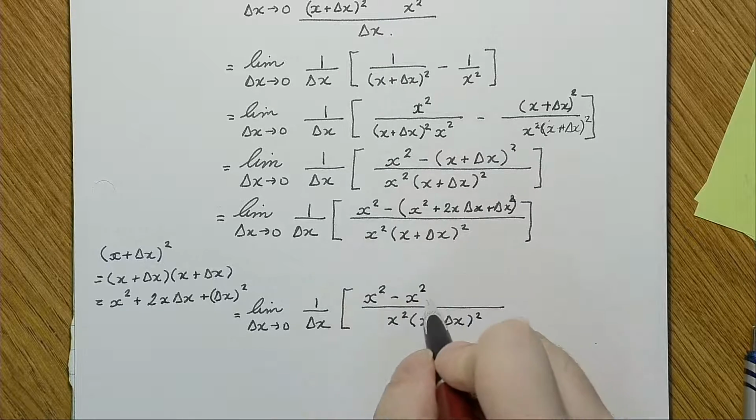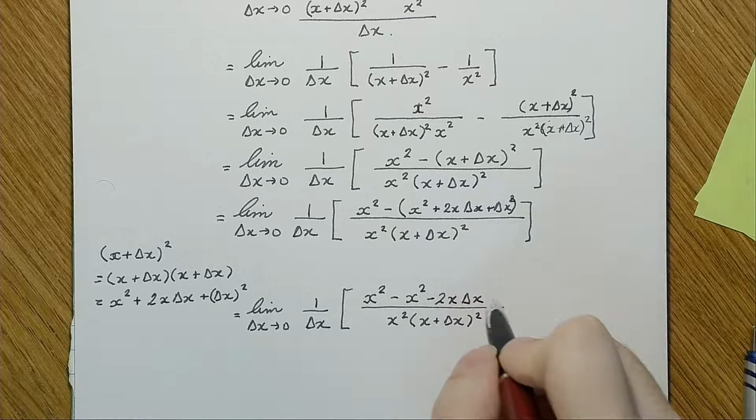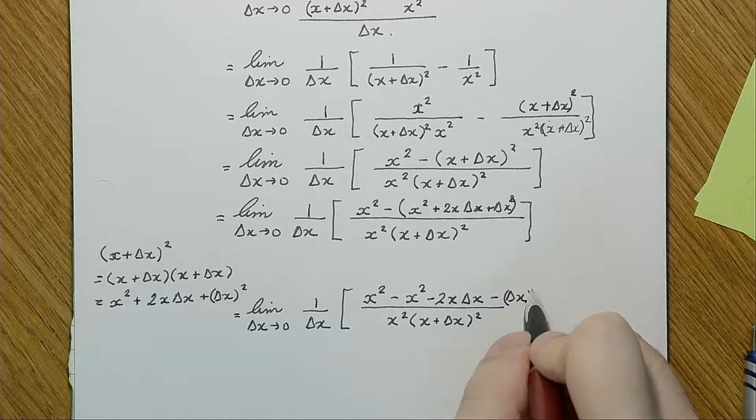Distribute that negative. So I have the negative x squared minus the 2x delta x minus the delta x squared.